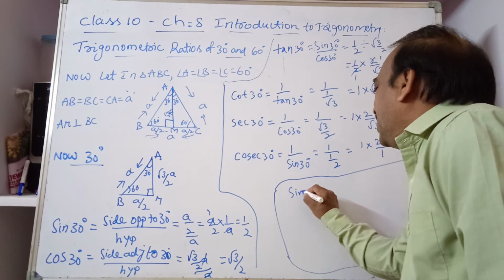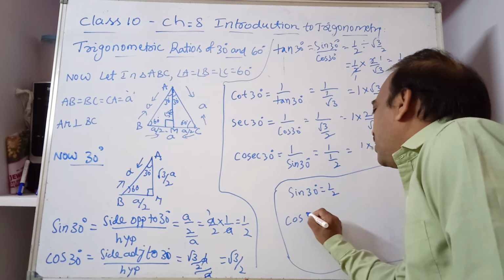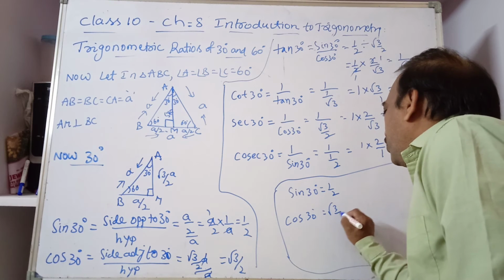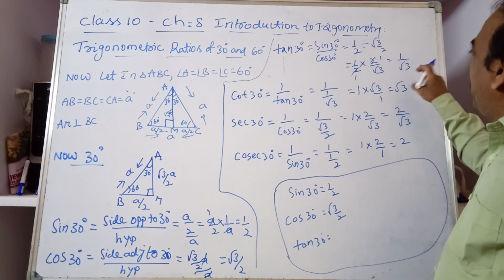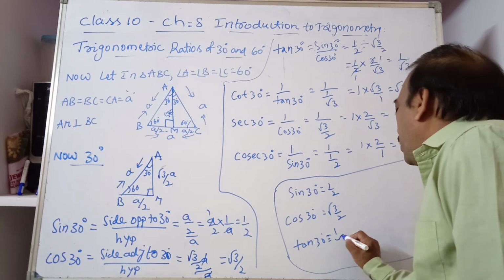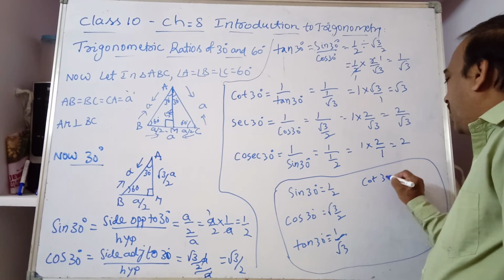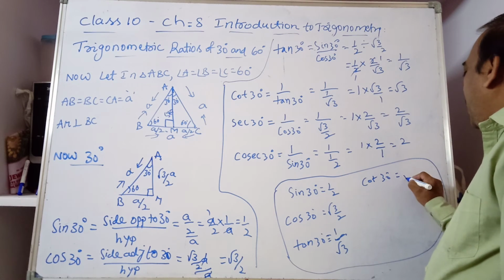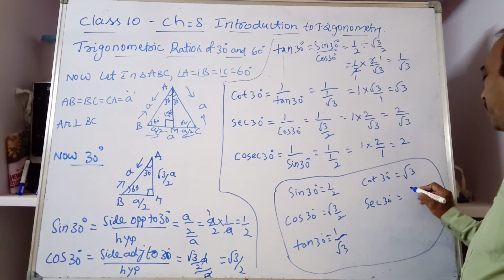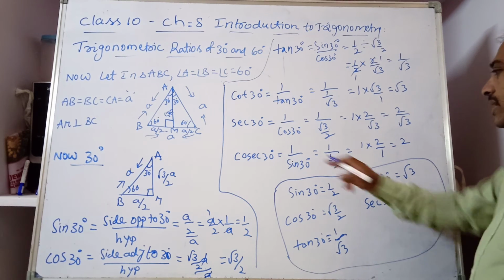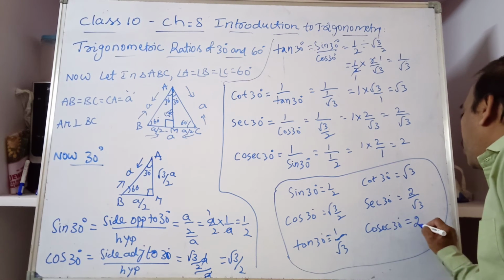Sin 30 degrees is 1 by 2, cos 30 degrees is root 3 by 2, tan 30 degrees is 1 by root 3, cot 30 degrees is root 3, secant 30 degrees is 2 by root 3, cosecant 30 degrees is 2.